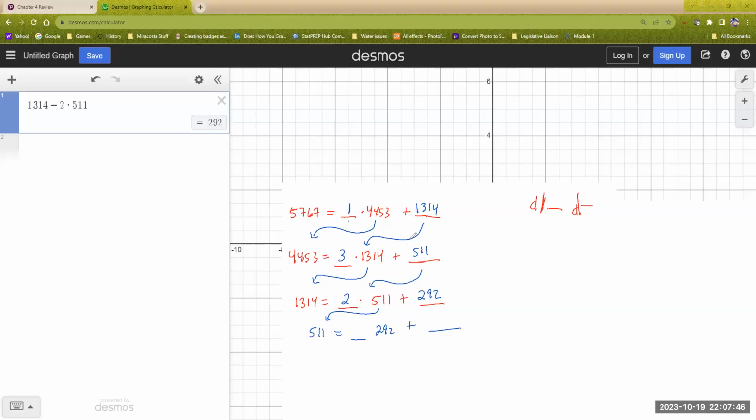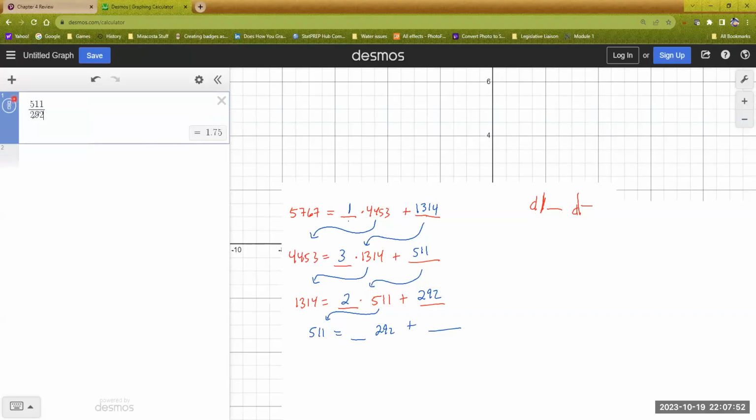Do my division and see how many times it goes in. So now right up here, I would say 511 divided by 292, and it's 1.75. Okay. All right, well, that's fantastic. So we have one whole group of that, and 292 leaves me a remainder of 219.